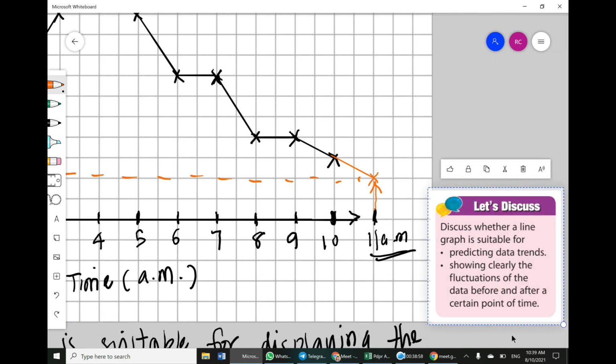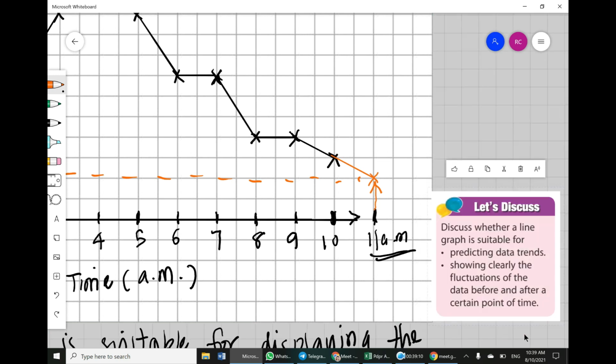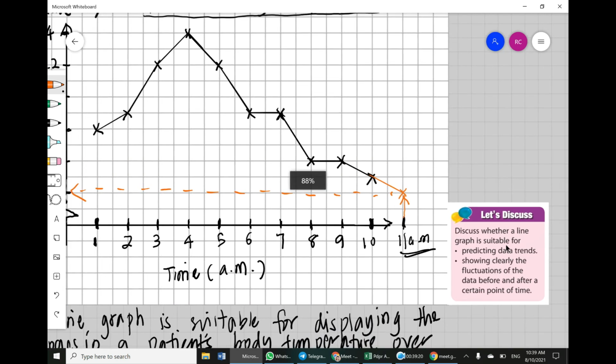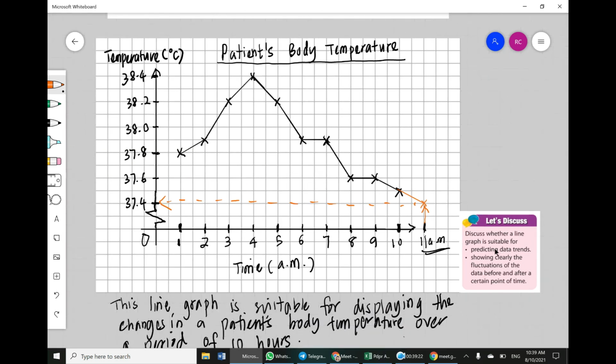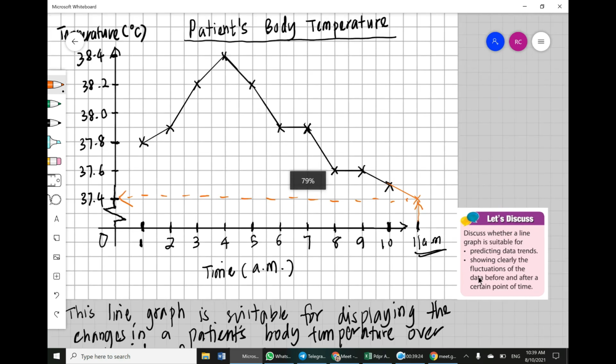And then, if you look at the second one here, the line graph is suitable for showing clearly the fluctuation of the data before and after a certain point of time. Fluctuation of the data meaning that you can see whether the data going up or going down from the line graph. Can or not? Yes, it is a yes. Why?